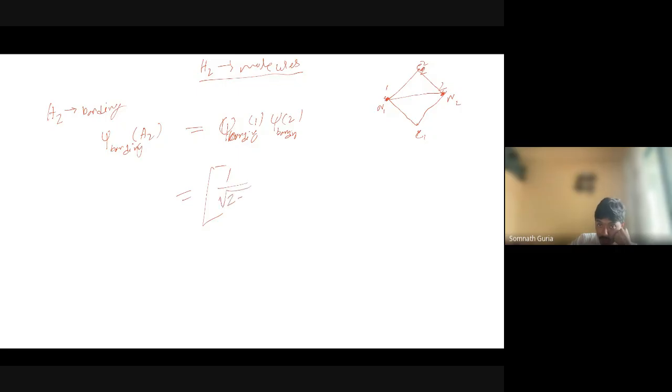We already proved that it is 2 plus 2S into the function. Let's suppose the wave function is phi 1s A for the 1, and plus phi 1s B for the 2.